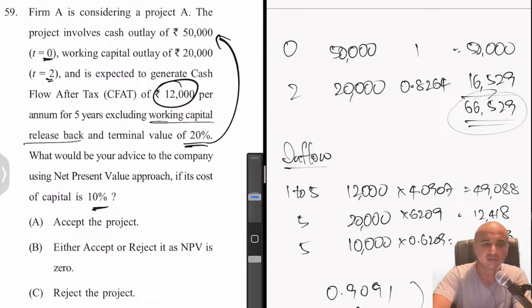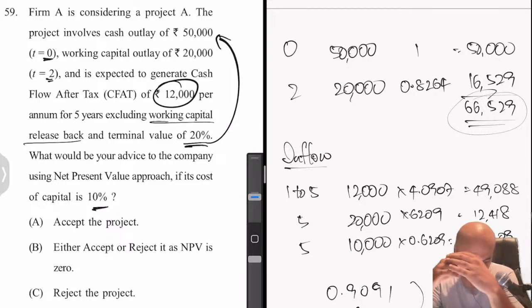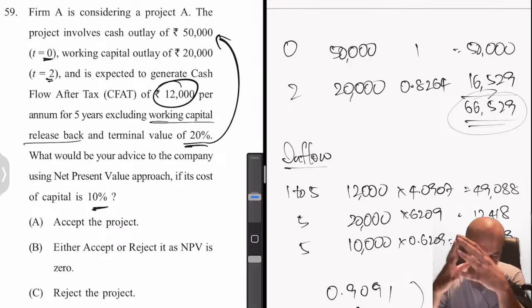Okay, let me just confirm this with the guideline answers. What do they say? Question number 59. C. Reject the project, they say. Why would they reject it? Did we go wrong in the calculation anywhere? 12,000 and is expected to generate cash flow after tax of 12,000 per annum for the 5 years excluding working capital release back.